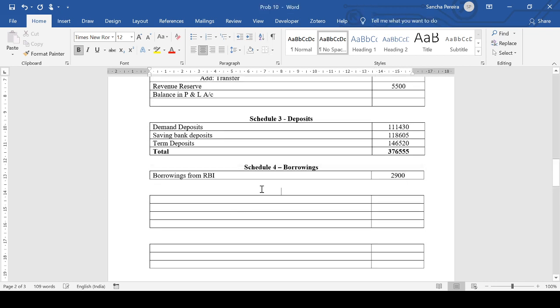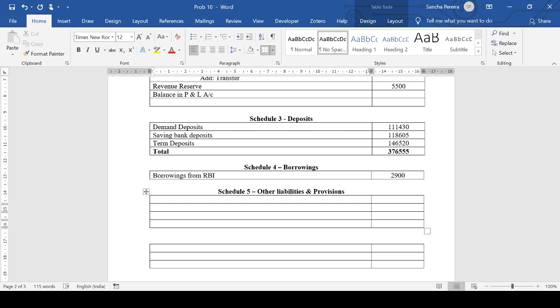Next is Schedule 5. Other liabilities and provisions. So the first thing here, just to put it in order, we have rebate on bills discounted, but I'll put that towards the end. We have bills payable, which is 5474.